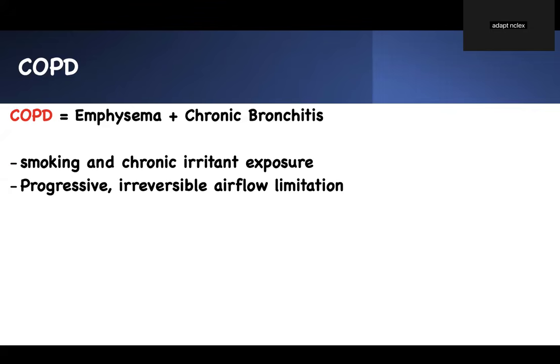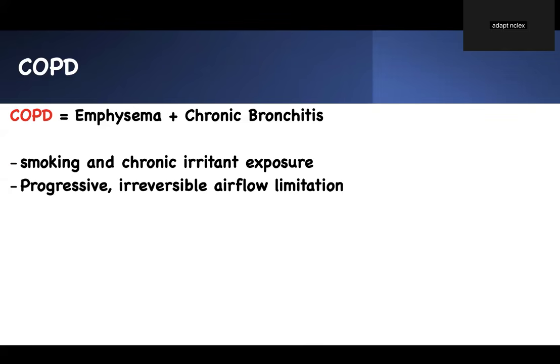And it's irreversible because there's something we call fibrosis, scar tissue of the lung. And that fibrosis leads to obstruction. Therefore, we cannot reverse this problem. This is why asthma is not a COPD, because asthma is reversible.